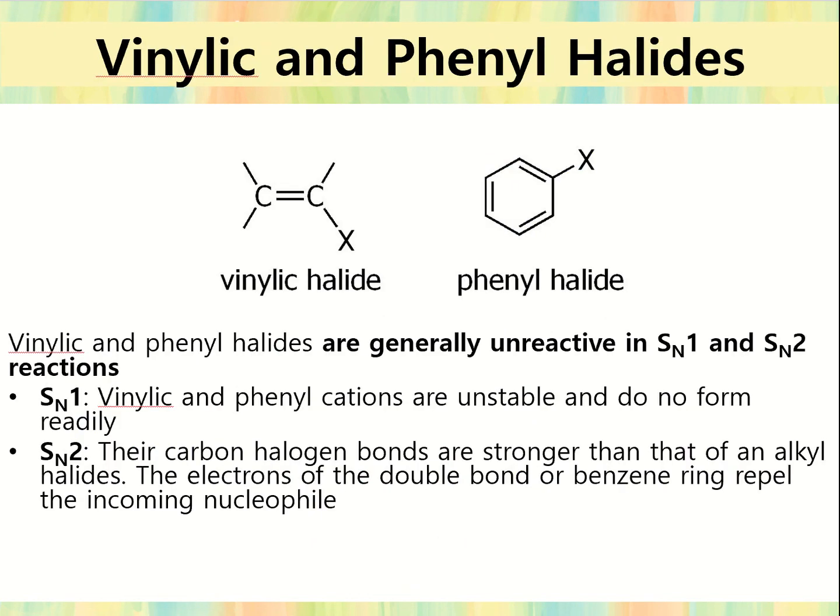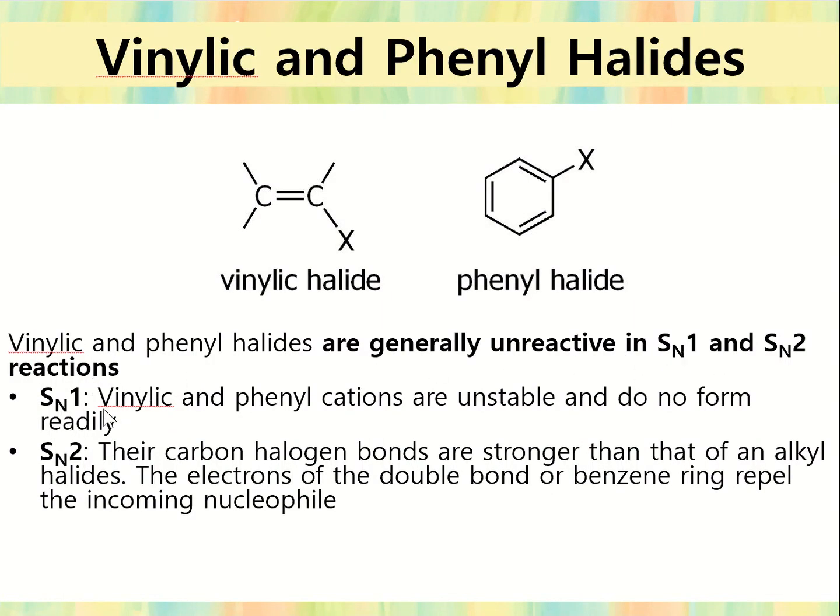And just to mention our vinylic and phenyl halides: a vinylic halide is a halide that's attached to a carbon that's part of a double bond, while a phenyl halide is attached to a benzene ring. Vinylic and phenyl halides are generally unreactive in SN1 and SN2 reactions.